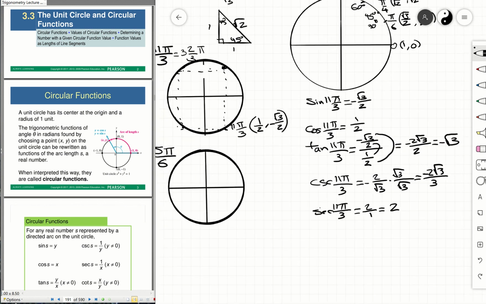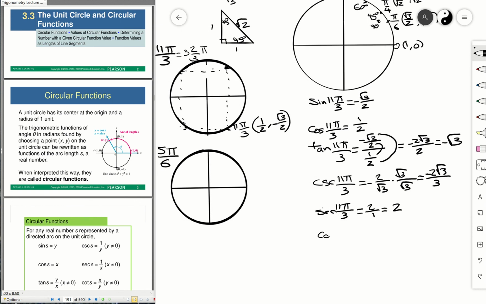And for the cotangent of 11 pi over 3, we're going to take the reciprocal of the tangent function, so we're going to have negative 1 over square root of 3, and if we rationalize that by multiplying by square root of 3 over square root of 3, we end up with negative square root of 3 over 3.